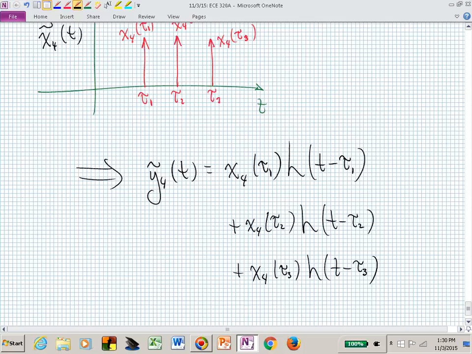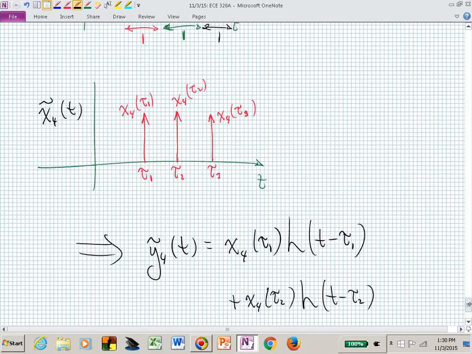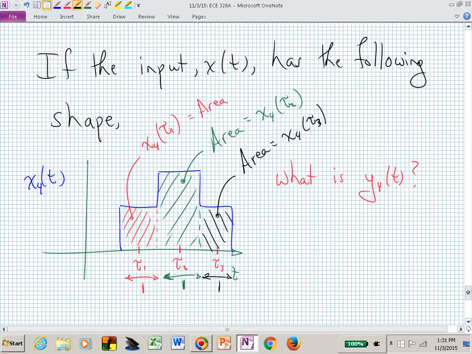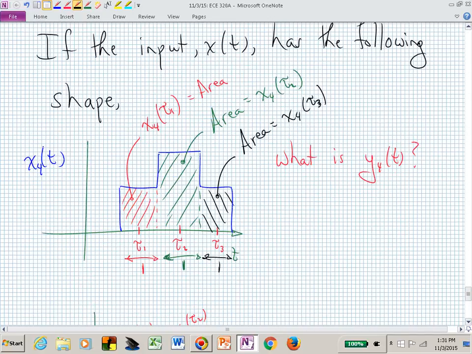Question? So, I guess graphically, the tau equals the start of the impulse. So the question was, I think, arguing with my approximation a little bit. How fine do I need to worry about where tau 1 is located?